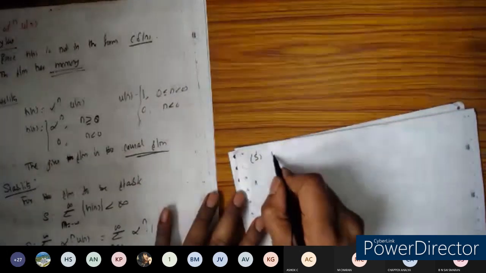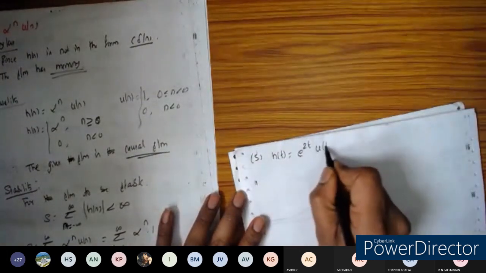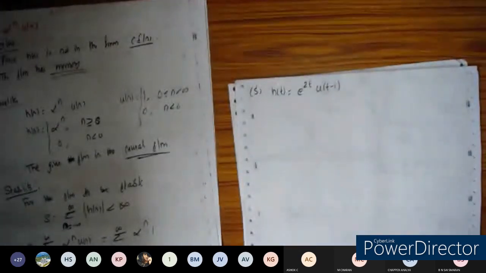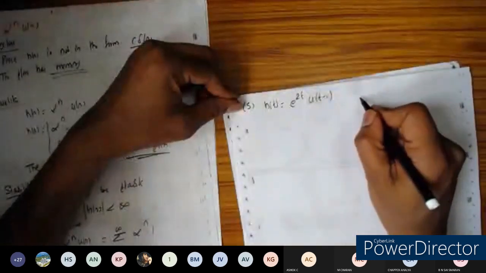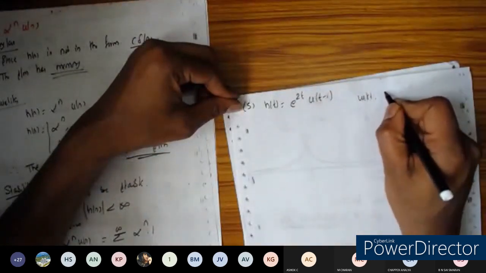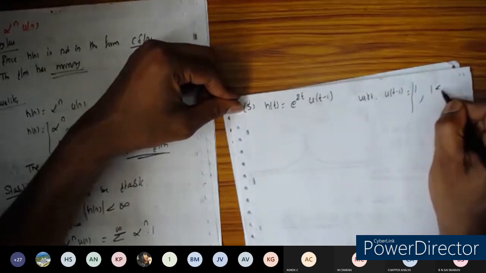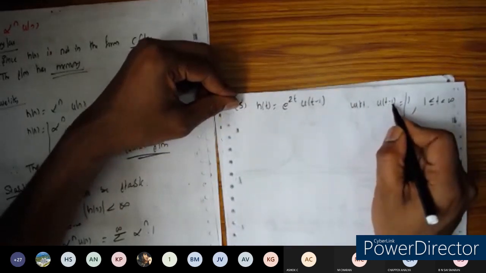So take h of t is equal to e to the power of 2t into u of t minus 1. So we know that u of t minus 1 has the value 1 for 1 less than or equal to t less than infinity, because you can equate this to greater than or equal to 0.